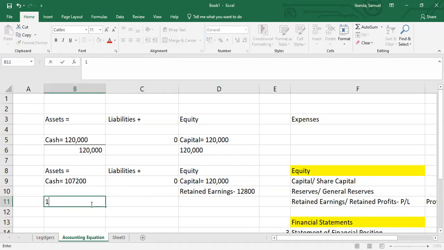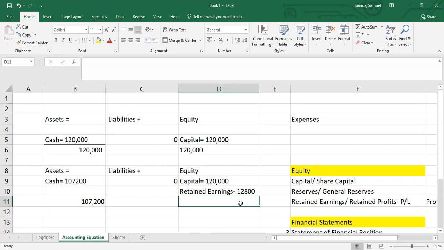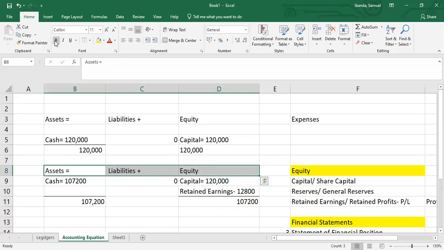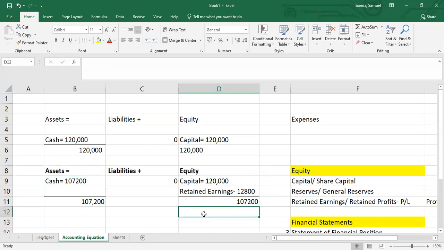So here I have 107,200, and right here, when I get 120 and remove 12,800, definitely I'll still come to 107,200. You get it? So this is how my asset equation has been affected for this transaction. You get it?